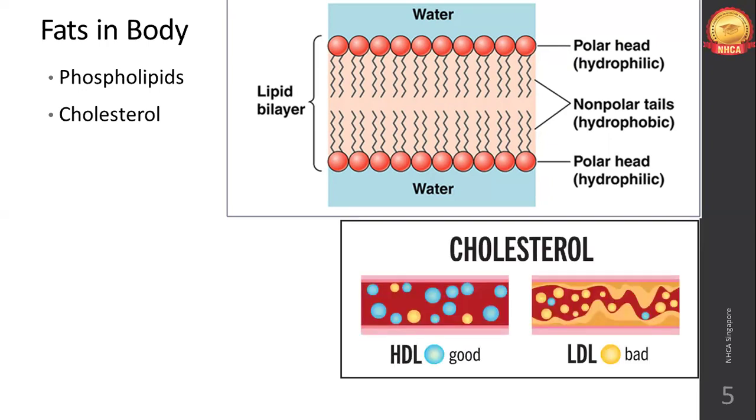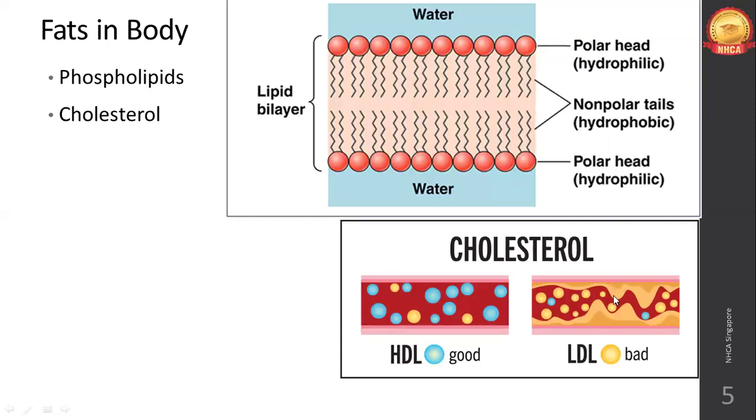Under cholesterol you also have high density lipids and low density lipids. High density lipids are bigger in size, so they keep moving in the circulation. They can't afford to get stuck somewhere. But it's not true for low density lipids. We consider them bad cholesterol. Why? They are so small that they will get stuck somewhere.